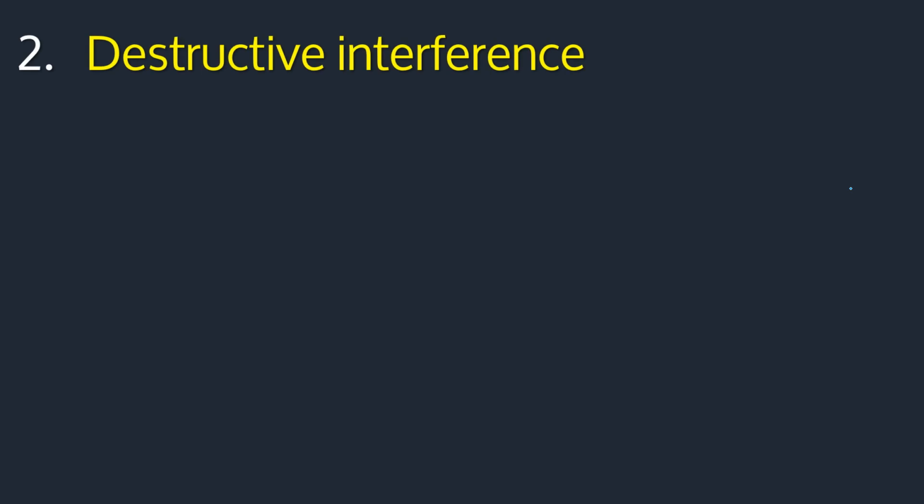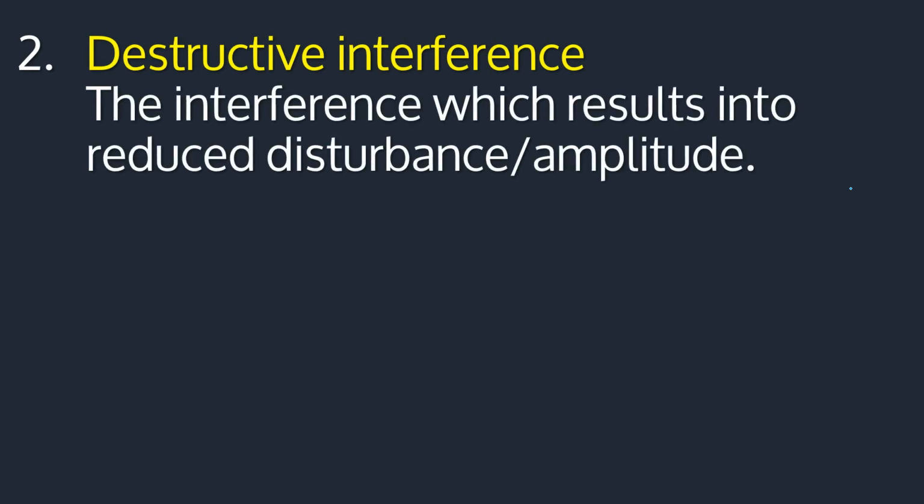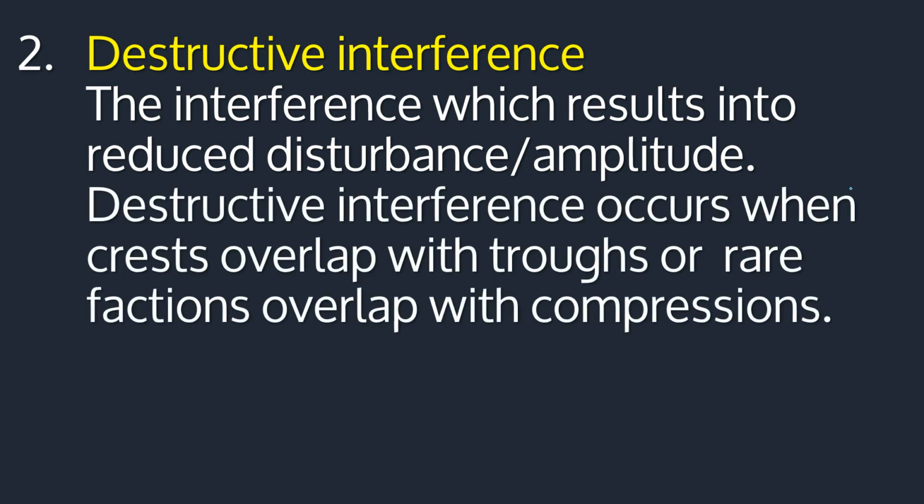So destructive interference now is the interference which results into reduced disturbance, or reduced amplitude. Destructive interference occurs when crests overlap with troughs of coherent waves. Sorry, I didn't put that there.